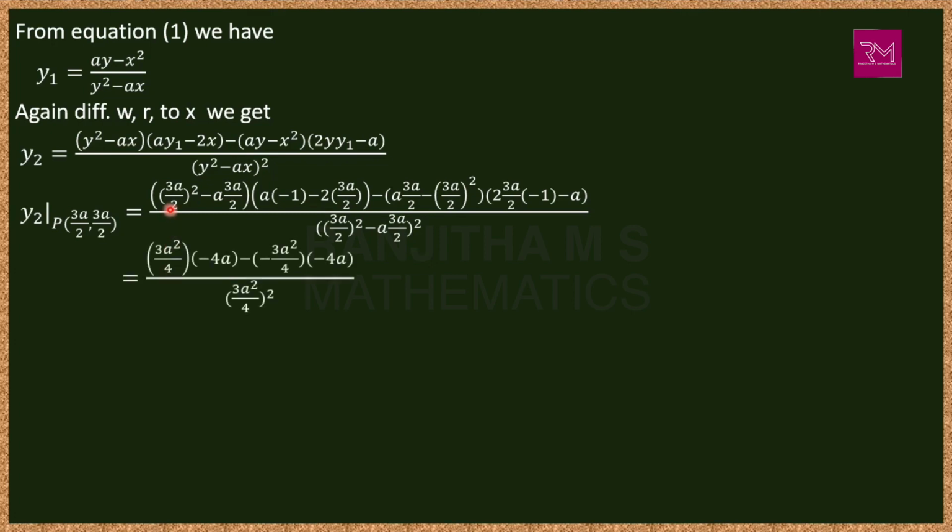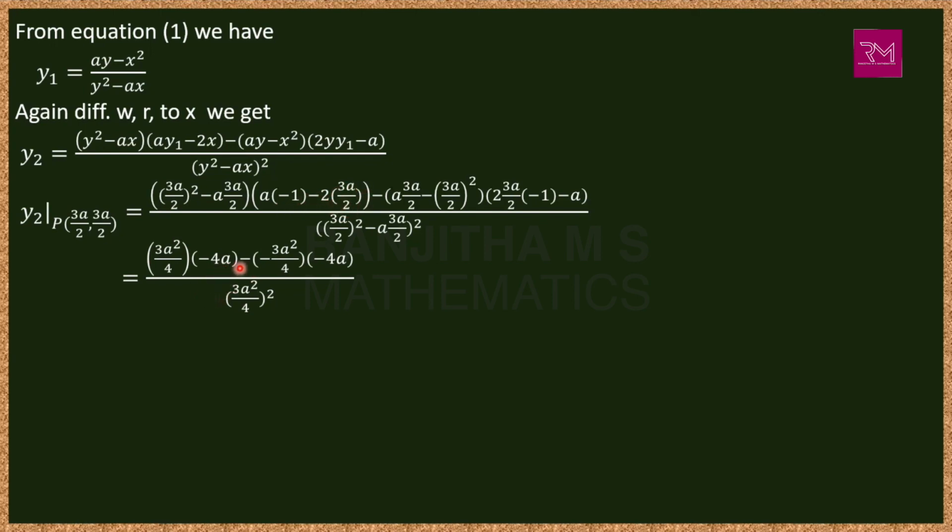Simplifying the numerator, (3a by 2) whole square is 9a square by 4, minus 3a into a is 3a square by 2. Taking the LCM as 4, 9a square by 4 minus 3a square by 2 is 3a square by 4, into a into minus 1 is minus a, minus 2 gets cancelled, minus 3a, minus a.